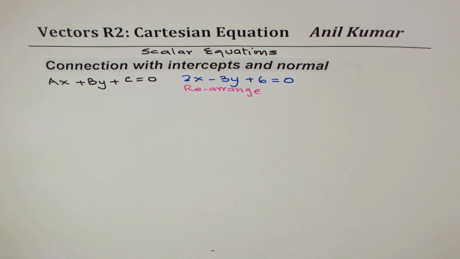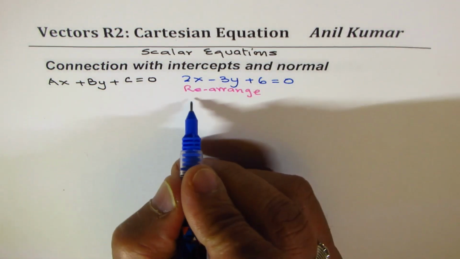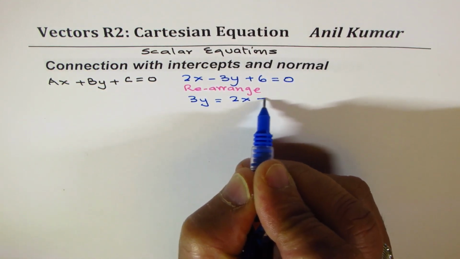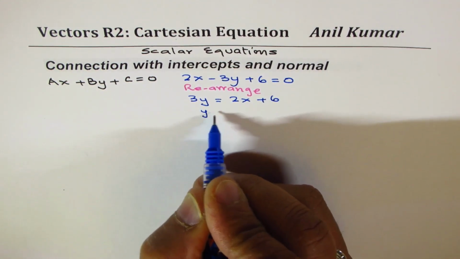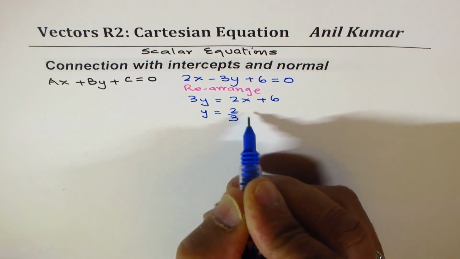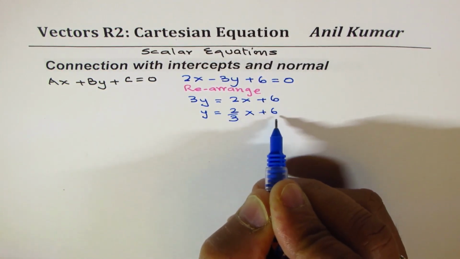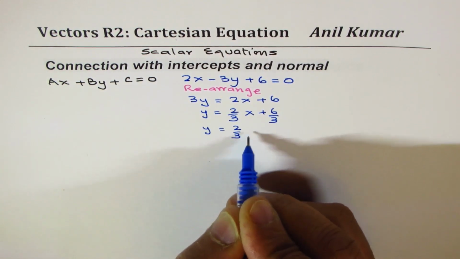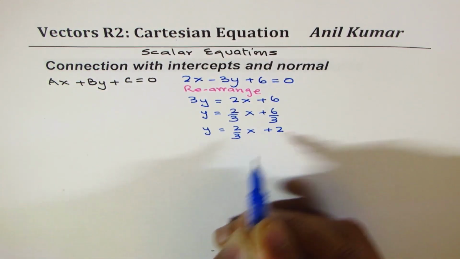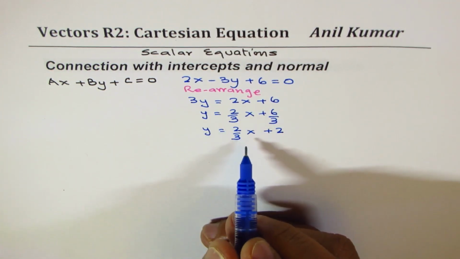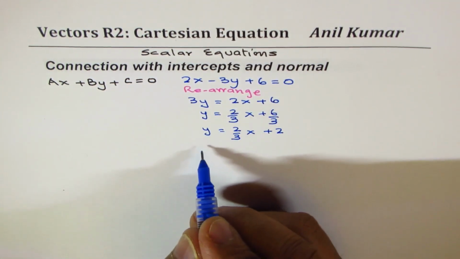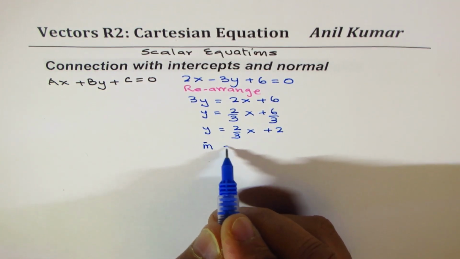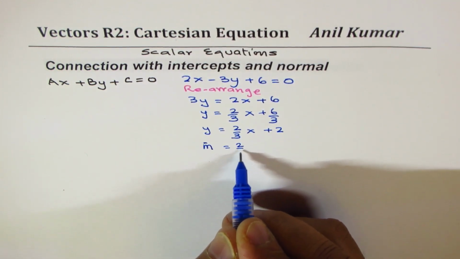to isolate y. So I could write this as 3y equals to 2x plus 6, or y equals to 2 over 3x plus 6 over 3, which gives us y equals to 2 over 3x plus 2, right? So that is your slope-intercept form. Here, direction, or I should say slope, m is equals to 2 over 3, right?